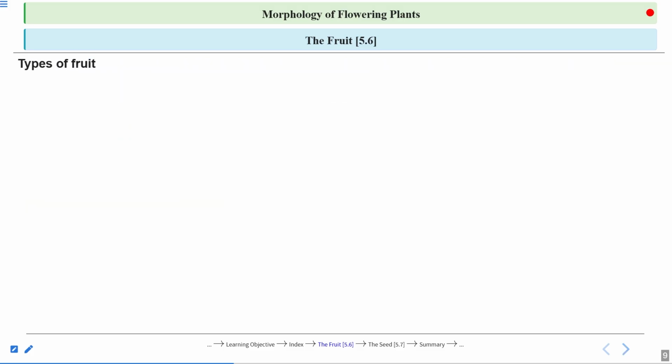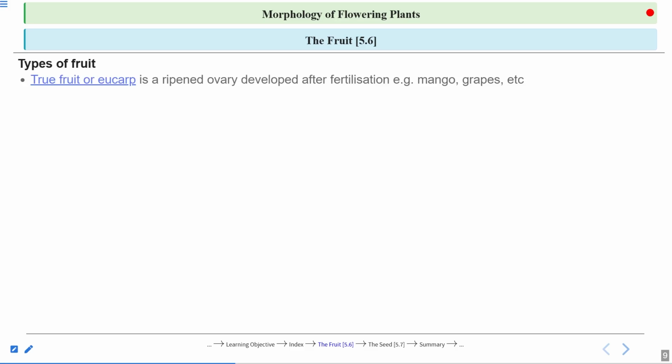Types of fruit. This topic is very, very important. We have already seen one type of fruit called the parthenocarpic fruit, that is not formed with the help of fertilization. That is formed without fertilization. That is different. True fruit or eucarp. So this term eu is very important.